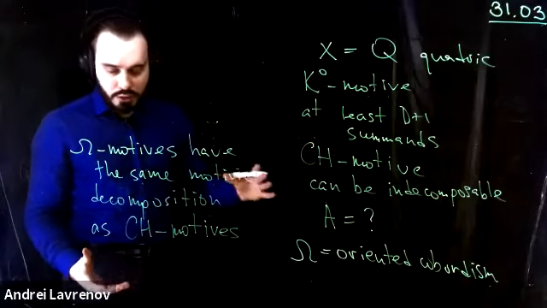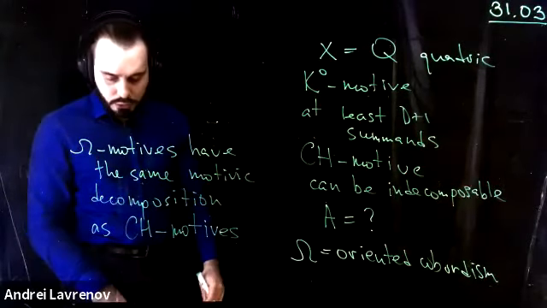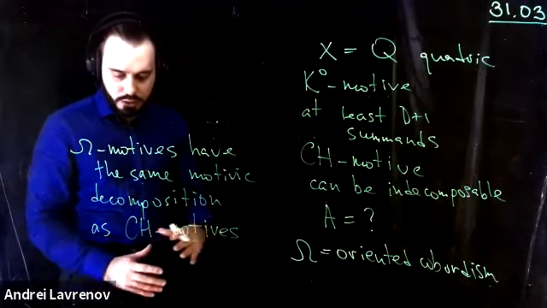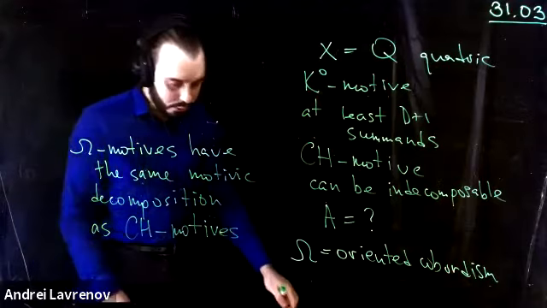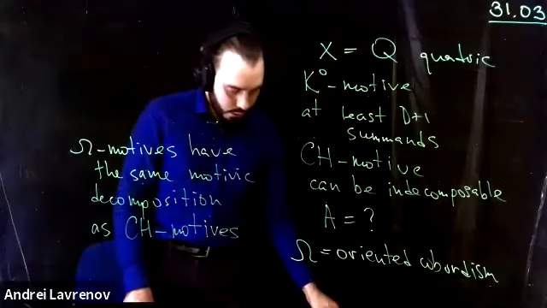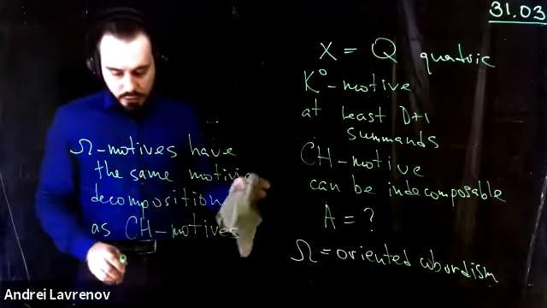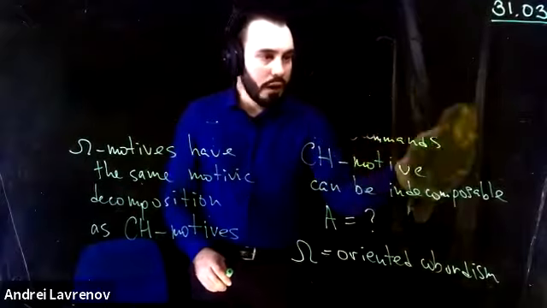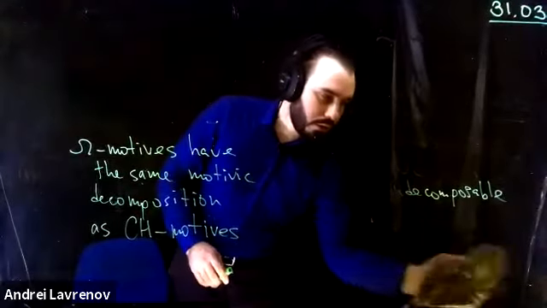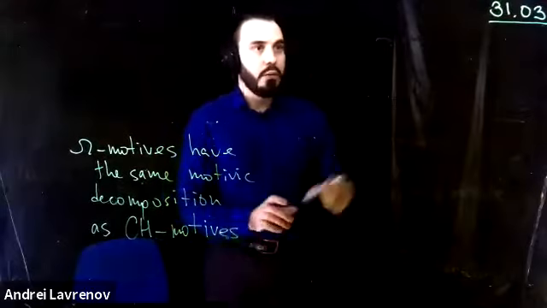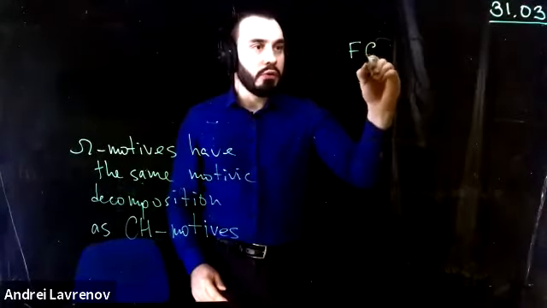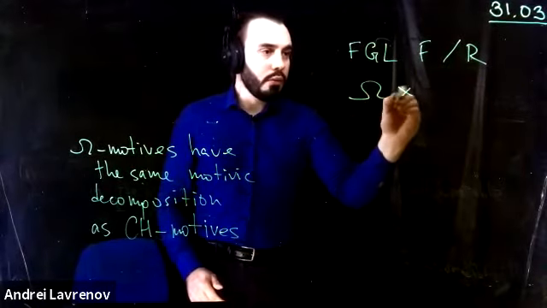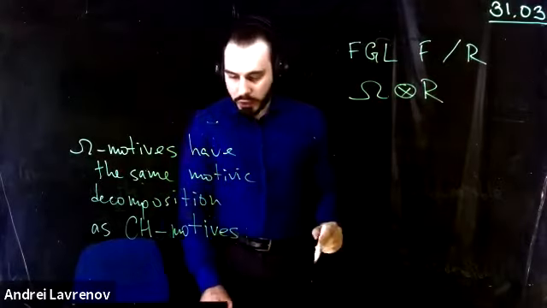The Chow decomposition is the coarsest, and then for other theories the motif becomes more split. Omega itself is not that interesting, but it is a source of examples, because we can take any formal group law over any ring and consider a theory with this prescribed formal group law.